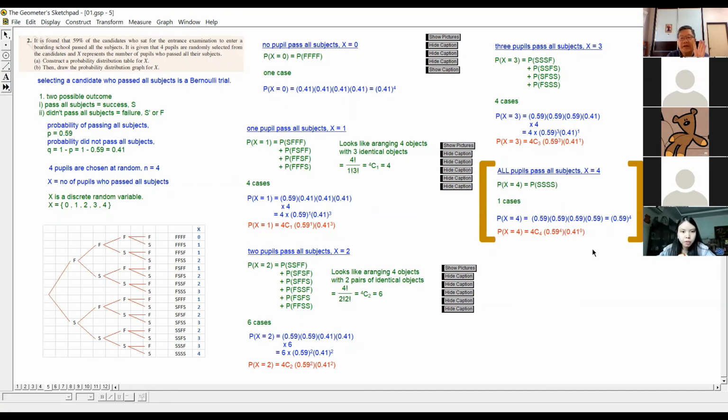So you can see that there's always three components there: number of outcomes, number of success, number of failure. Always have three components there.